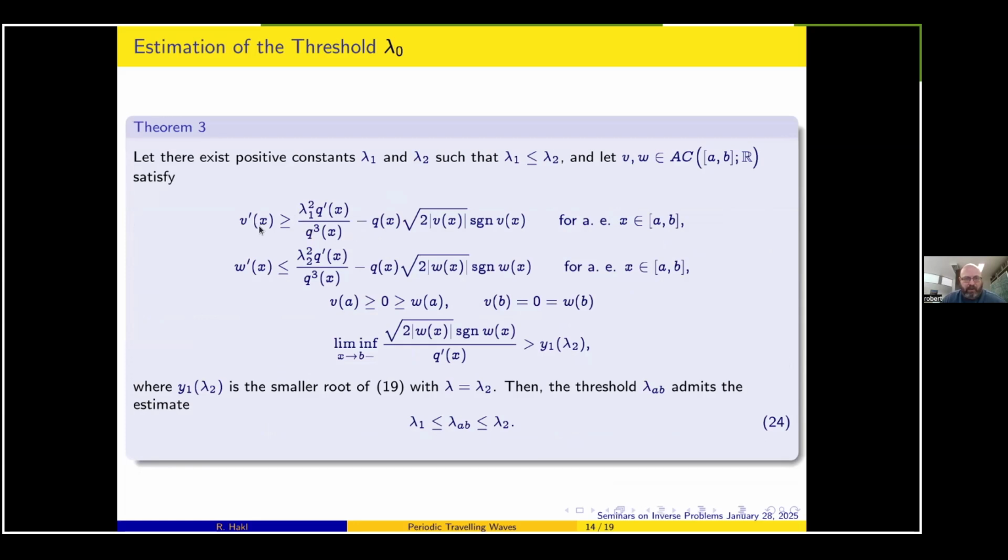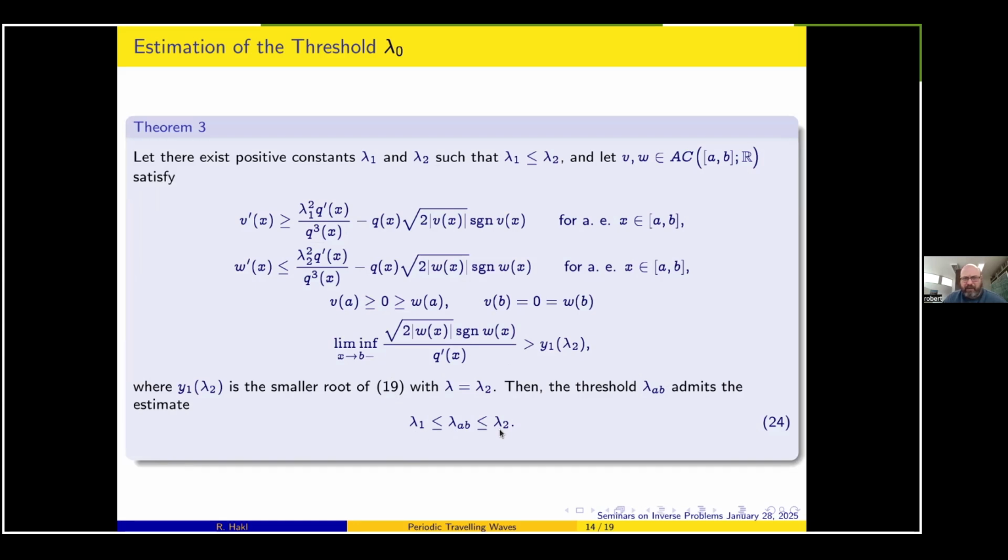Again, if we are able to construct some functions, not exactly periodic, but absolutely continuous, satisfying these differential inequalities with corresponding parameters lambda 1 and lambda 2, and some conditions, then we can conclude that this critical value lambda AB that corresponds to the interval AB is between this parameter lambda 1 and lambda 2.